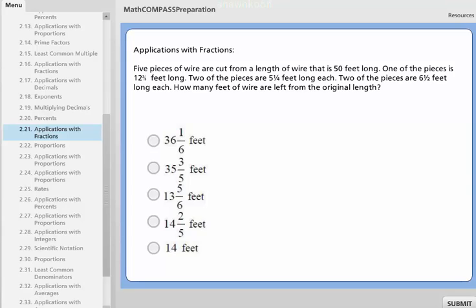So how many feet of wire are left from the original length? 2.21. So they have this wire here, right? And how long is that? That's 50 feet long, right?